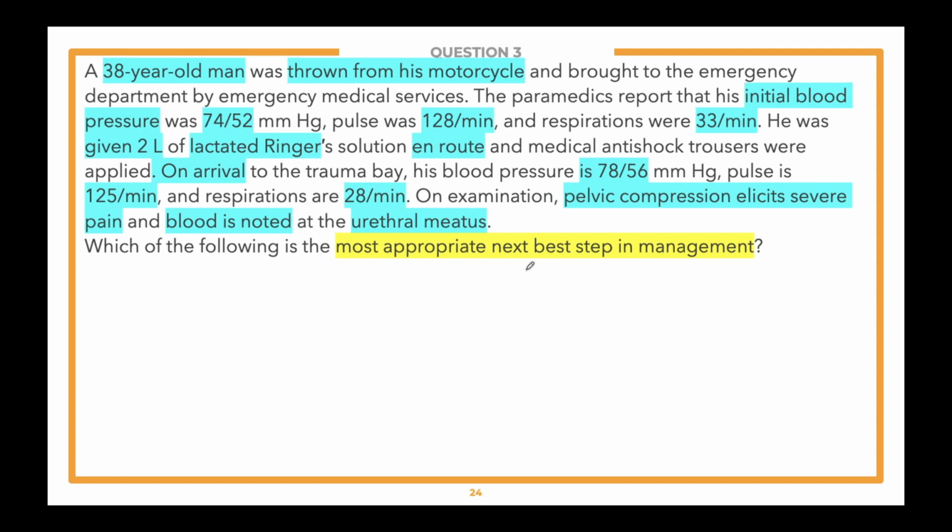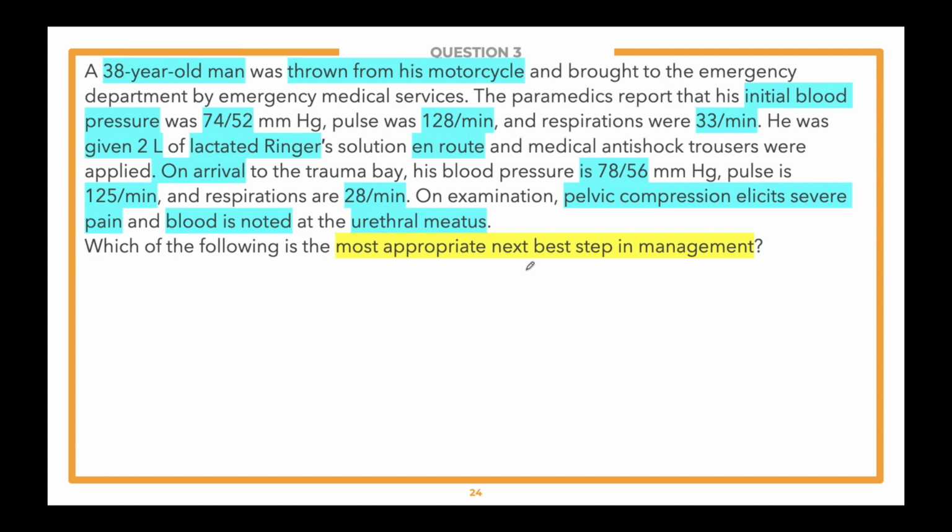Then they give us some vital signs, both when the paramedics saw him and when he arrived to the ER, and there are some important physical exam findings as well. We want to use all of those to get a picture of this clinical scenario. Just imagine you're there in the ER and you're given this information. Then they're asking us, what is the most appropriate next best step in management?